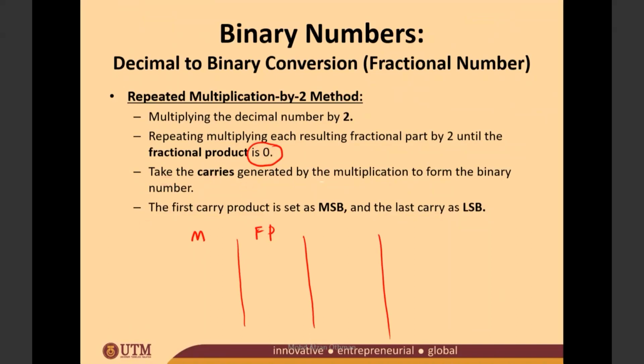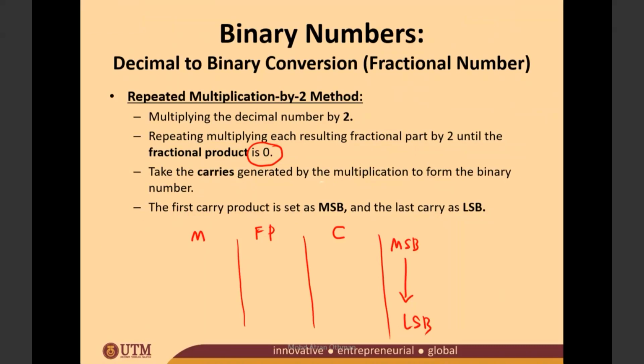Okay. Then kamu ada satu lagi column. So this is we call it as a carries lah. Okay. Generated by the multiplication to form the binary number. Okay. The first carry. Nampak ni. Sekarang ni the first carry become the MSB. So MSB yang first ni. Then next is LSB.